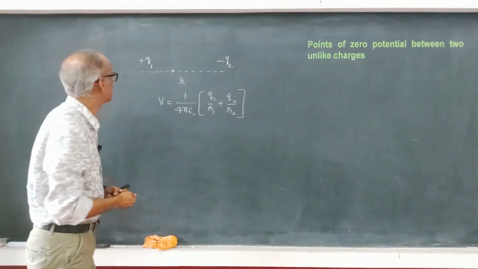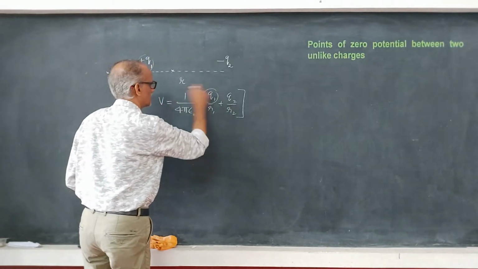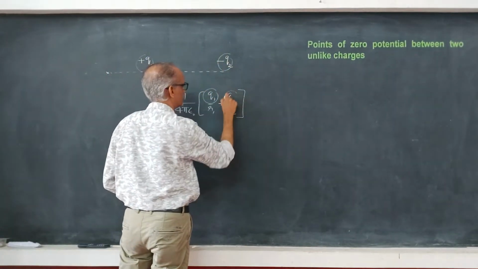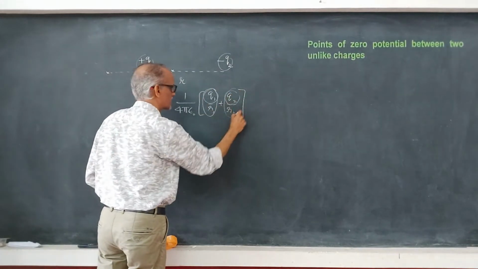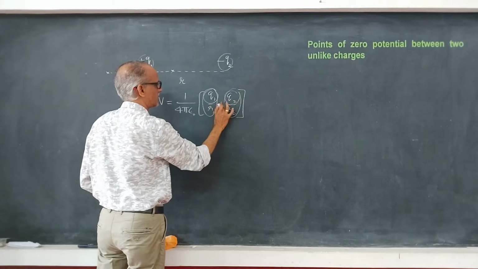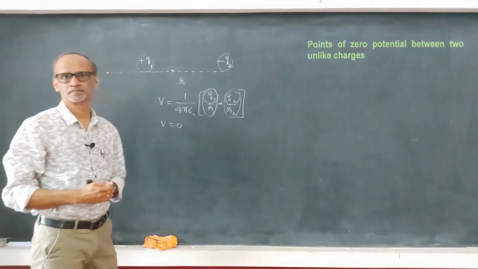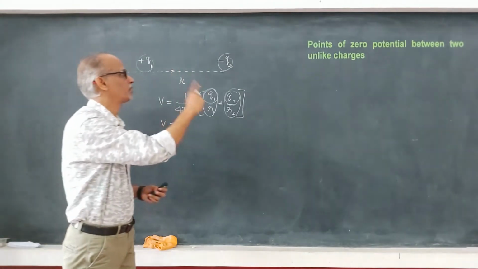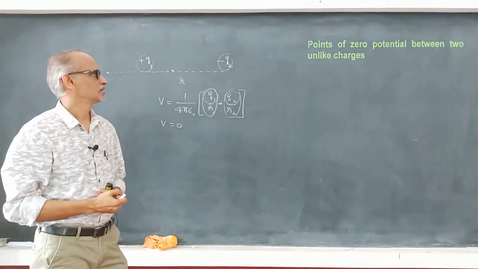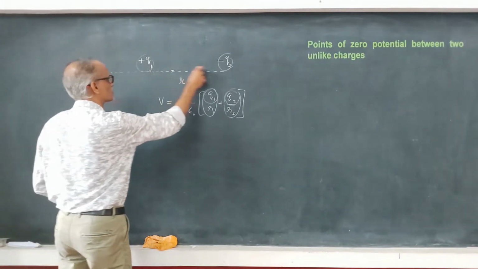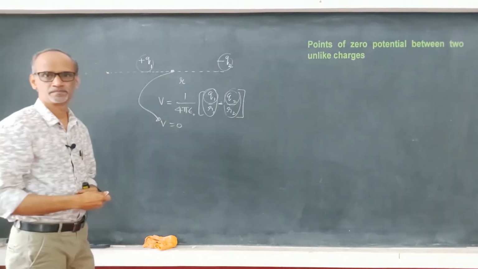But what we find here is, since one of the charges is positive and the other charge is negative, this ratio, when it is equal to this ratio, because of the minus sign, they cancel each other, so that V becomes 0. So that is the meaning of points of zero potential between two unlike charges. So between these two charges, there will be a point where the net potential is 0.